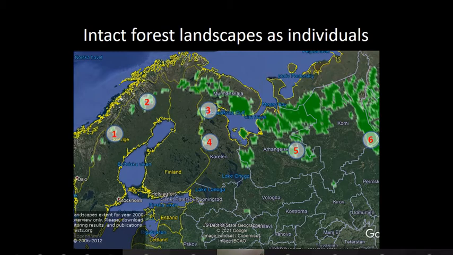So I'm just going to flip through a series of very simple data showing what is called the forest loss. So areas which have lost the forest canopy, usually due to logging, but it could also be windstorms and fires. And also areas with forest gain.